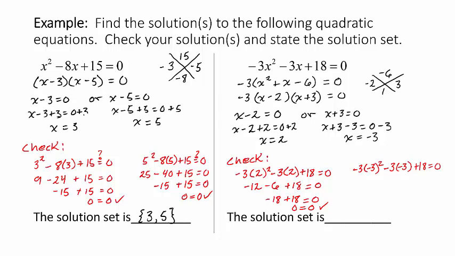Well, -3 squared is 9. 9 times -3 is -27. -3 times -3 is +9. Plus 18 equals 0. -27 plus 9 is equal to -18. And we're adding 18 to that. Does that equal 0? Yes, it does. So the solution set is -3 or 2.